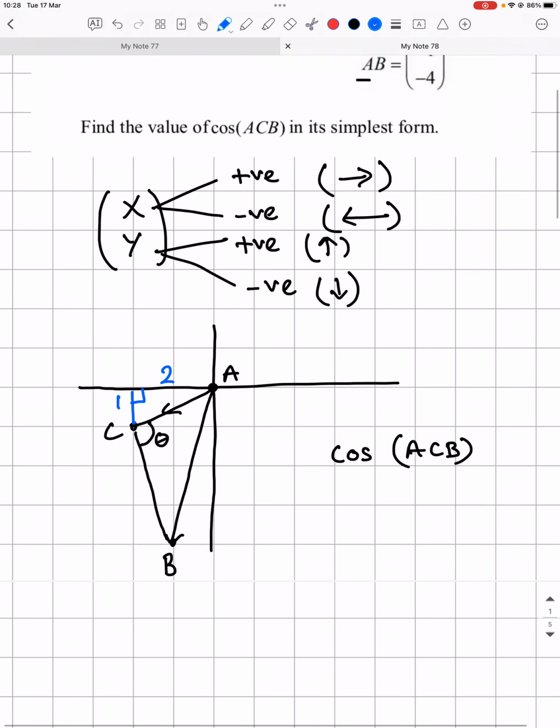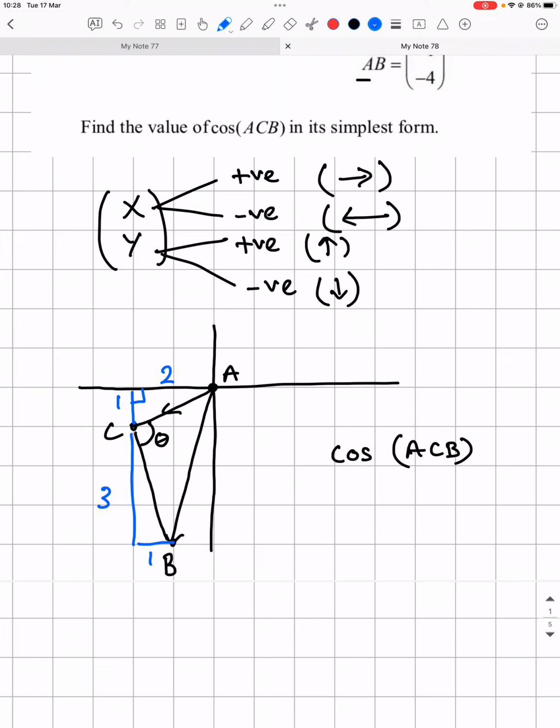So why is this of use? The reason this is of use is because I can now work out the length of AC because it's the hypotenuse of my right angle triangle. Also, I should realize that I could do the same thing with the length of C to B and the length of A to B. So C to B would also be a right angle triangle where the height would be 3 and the base would be 1.